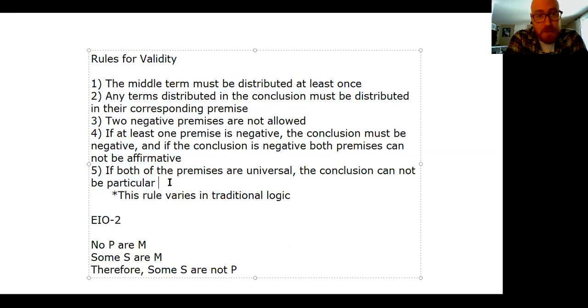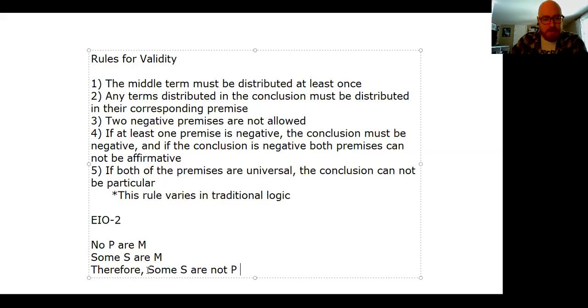So any syllogism that breaks at least one of these rules is automatically invalid, and any syllogism which follows all 5 of these rules is automatically valid. So this is a set of individually necessary and jointly sufficient conditions for standard form categorical logic. So for a standard form categorical syllogism in the Boolean or modern interpretation, as long as the syllogisms follow these rules, they're going to be valid. Right?